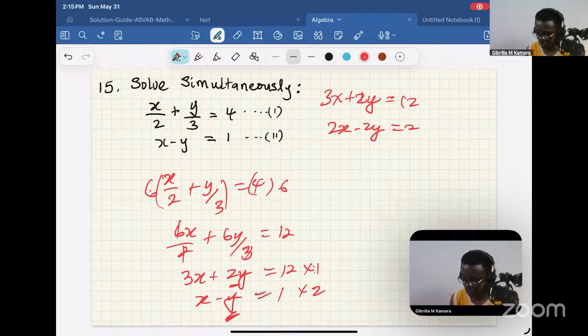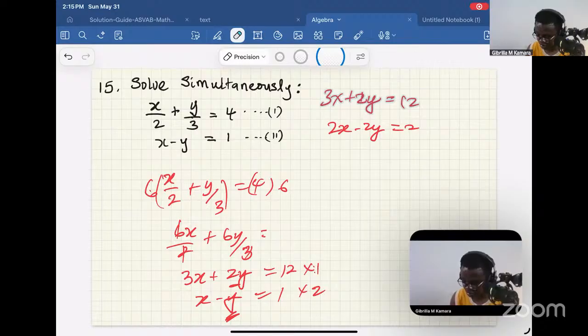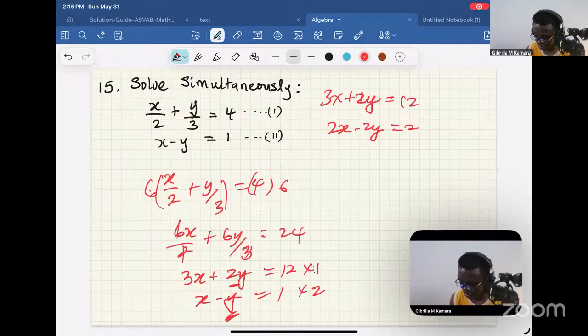Okay, so once you have that, the next thing you have to do is this. Times 4, this is 24, by the way. 4 times 6 is 24 anyway.